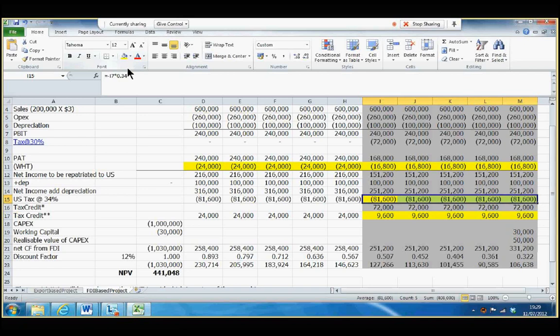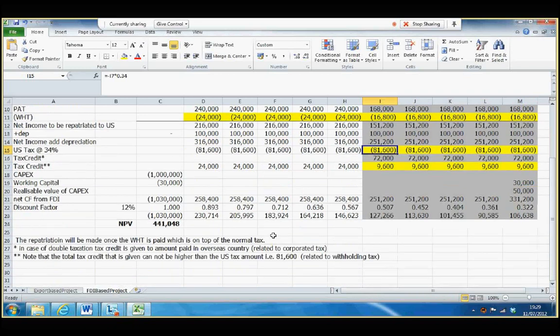So because the total has to be limited to 81,600, the balance that can be given here is 9,600. Alright, so basically the total of 72,000 and 9,600 will add up to 81,600. If we keep 16,800 here, it will exceed 81,600. So the government will not allow that kind of tax credit. Exactly.